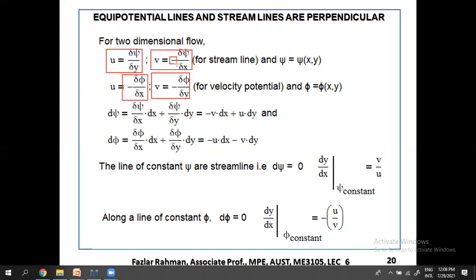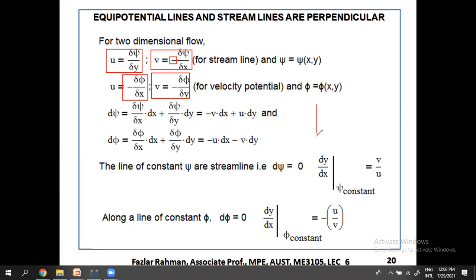So streamline, when you say you are a researcher, you like to define a streamline. When you define a streamline, you need to make sure it is satisfying the continuity equation. Now, my intention is to see how these two lines intersect each other.